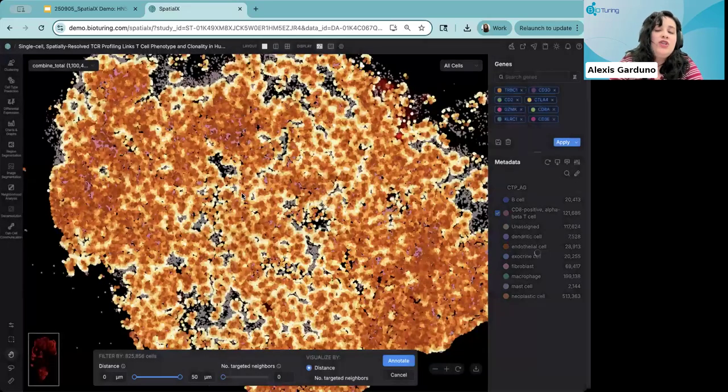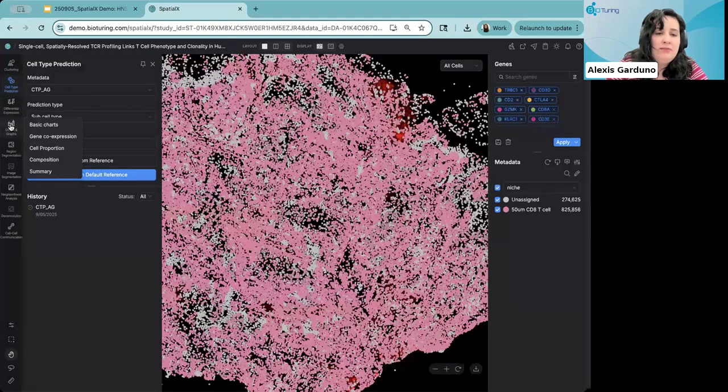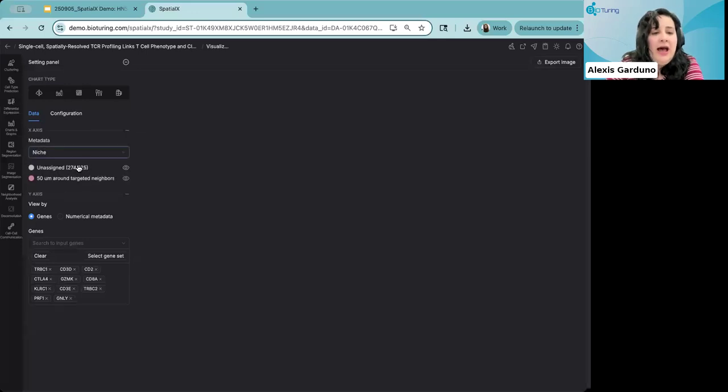And what I want to do is actually look at the proportions of that. So if I want to see what is the proportion of this with other immune cells, so I can visually see it in a figure, what you can do is go into the cell type or the chart and graph view. You can go into basic charts. In this case, I want to look at the niche results that I have.